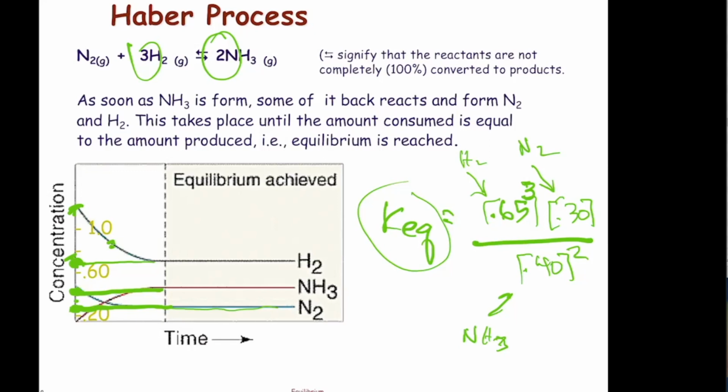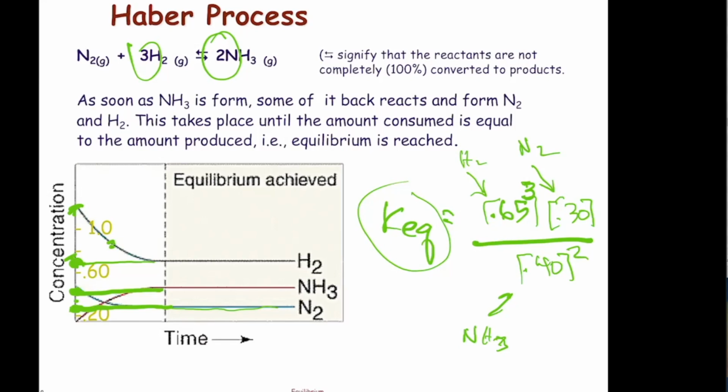I'm going to take 0.65 and cube that, and that's going to be 0.65 times 0.65 times 0.65. Okay, let's do this. 0.65 times 0.65 times 0.65.